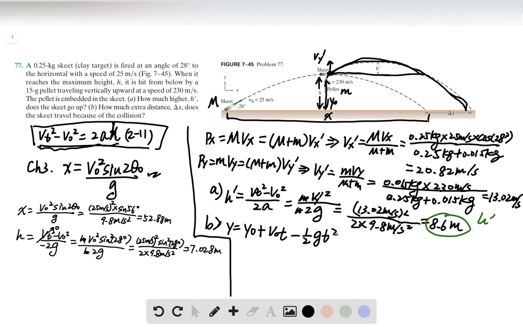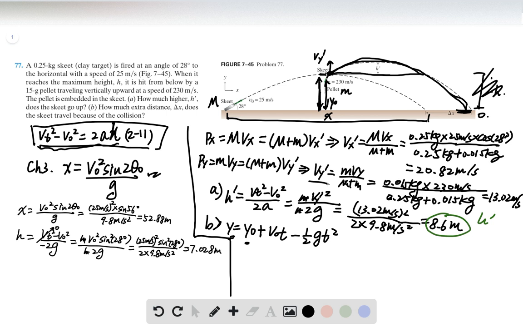So right now we have the y, because y is just negative this height, y is negative h. Or let's say y is 0, because the final y is 0, y naught is h, and v naught is the initial vy prime.